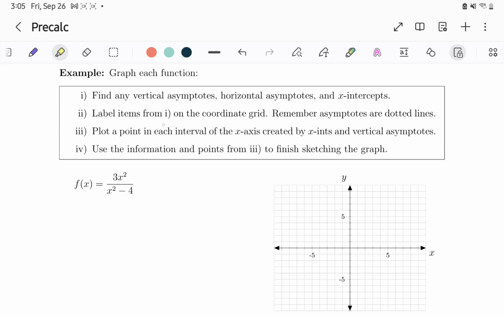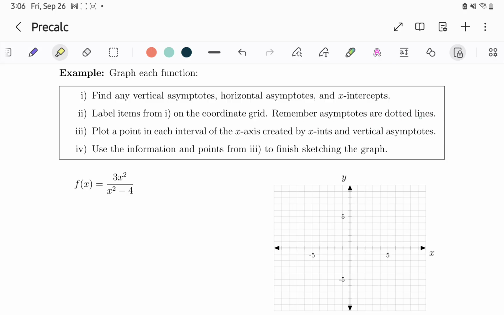And then we want to draw the items from the first step on a coordinate grid. And remember that the asymptotes are like dotted or invisible lines. So they aren't an actual part of the graph. They're more just like a feature. And most graphing utilities don't actually graph the asymptotes because, again, they're just invisible objects.